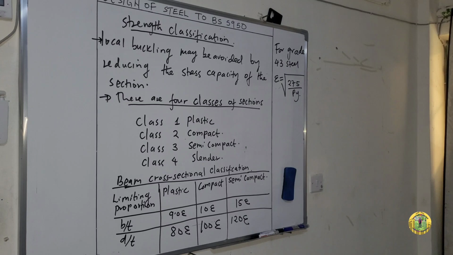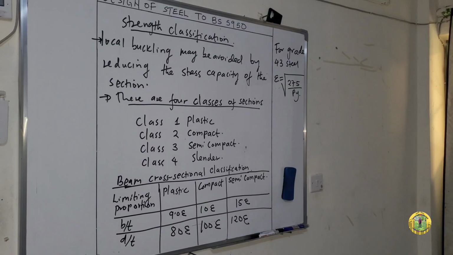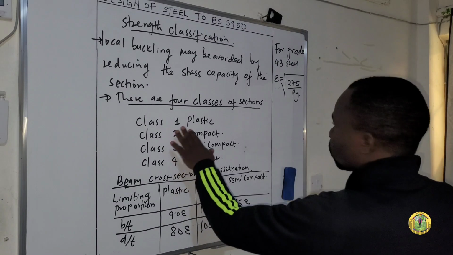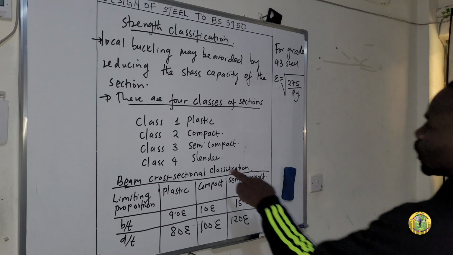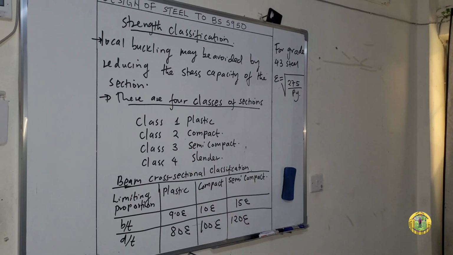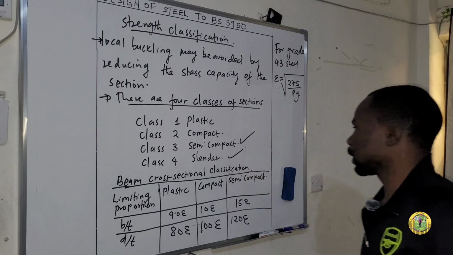Regarding strength classification, local buckling may be avoided by reducing the stress capacity of the section. There are 4 classes of sections. Class 1 is plastic, class 2 is compact, class 3 is semi-compact, and class 4 is slender.